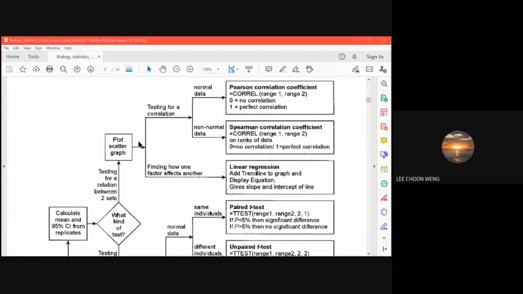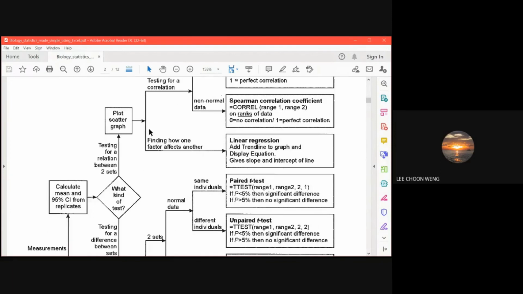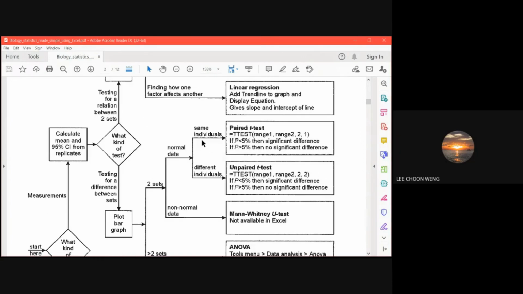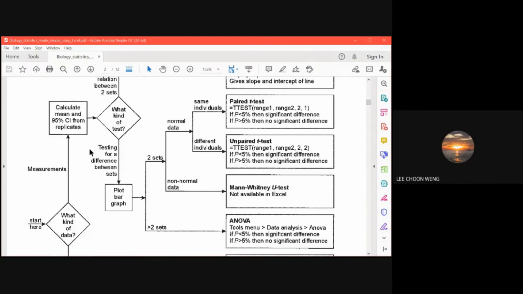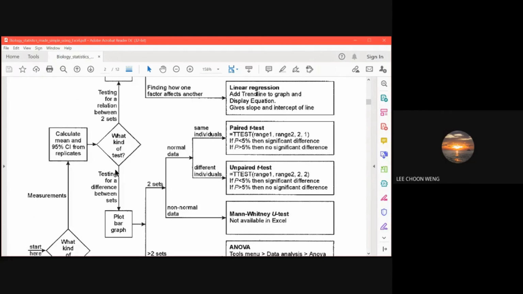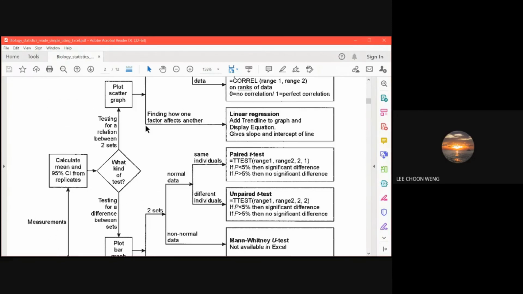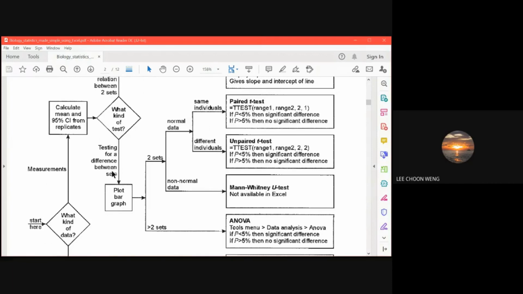When you want to test relationships between two sets, for normal data we use Pearson, for non-normal we use Spearman. Then for finding how one factor affects another, we will use linear regression. Here we test for relationships, here we test for difference. If you're testing for difference and it's normal data, we use T-test.